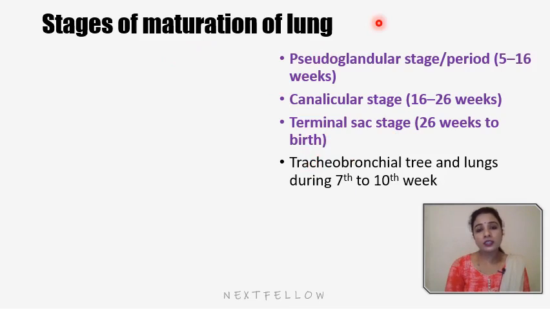In this stage, the terminal sacs and the respiratory bronchioles divide and form the alveolar ducts. And formation of definitive alveoli with an increase in the number of type 2 pneumocytes, that is type 2 alveolar cells, which produce sufficient amount of surfactant and free exchange of gases across the blood-air barrier, which forms from the epithelium of alveoli and endothelium of capillaries.